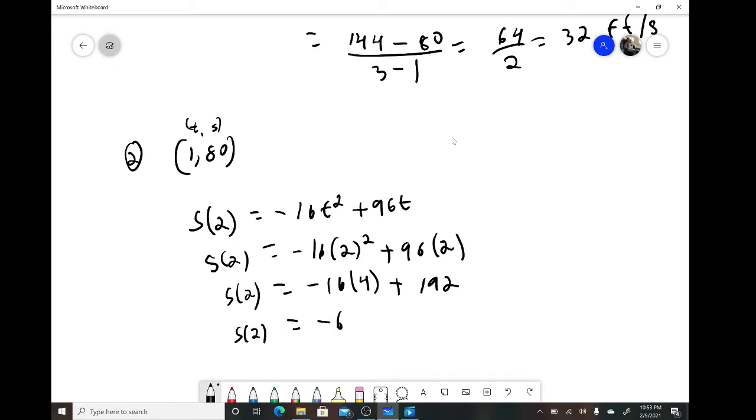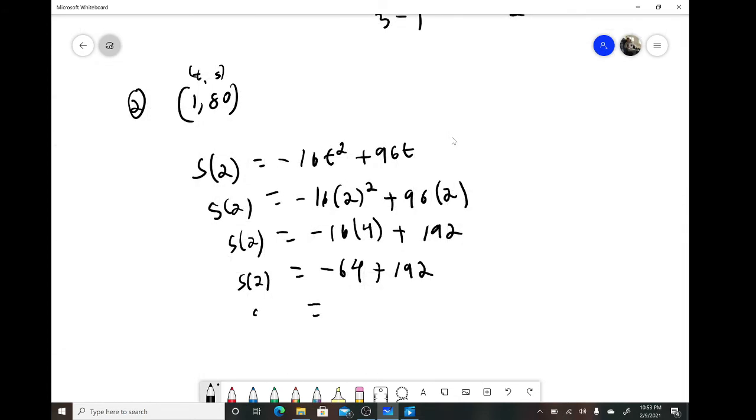So we have negative 64 plus 192. Now all we have to do is subtract: s of 2 is 192 minus 64, which should be 128.